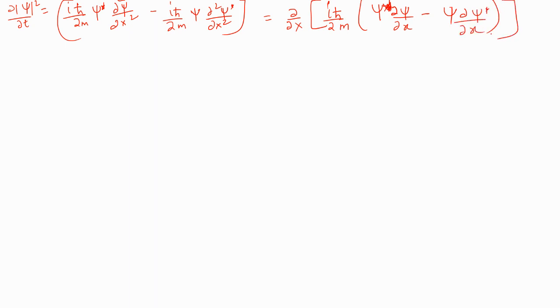If you do the differentiation of these two with respect to x, you will get four terms. Out of four terms, two will cancel each other, and you will get this. So you can do it by yourself.